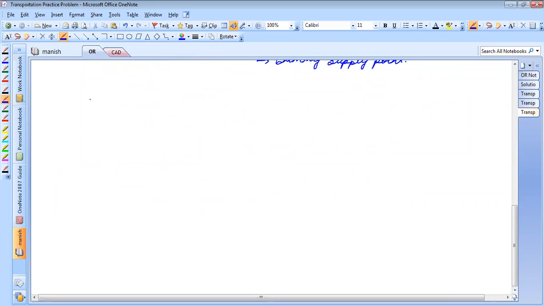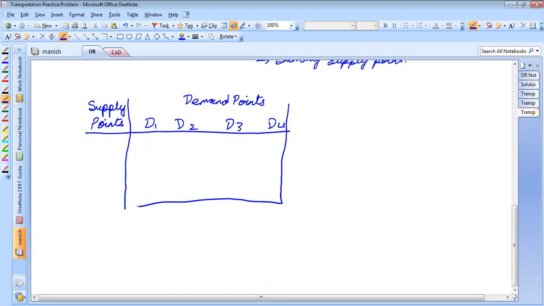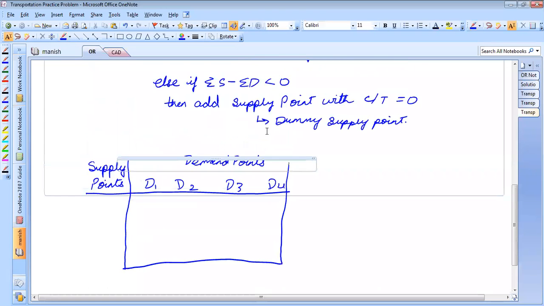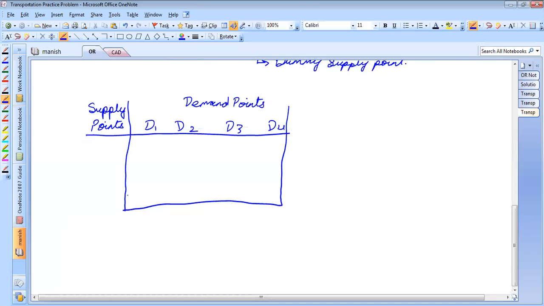So what we have here is supply points. Here we have demand points. So we already had demand points D1, D2, D3 and D4. So the demand points was 40, 35, 25 and 20.